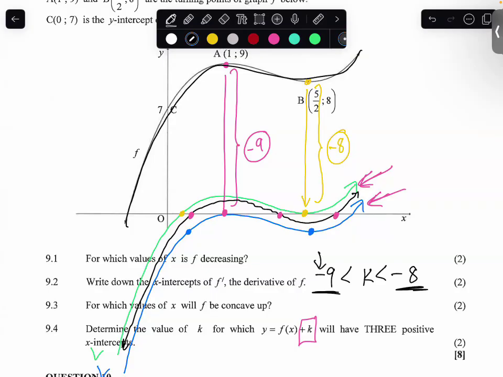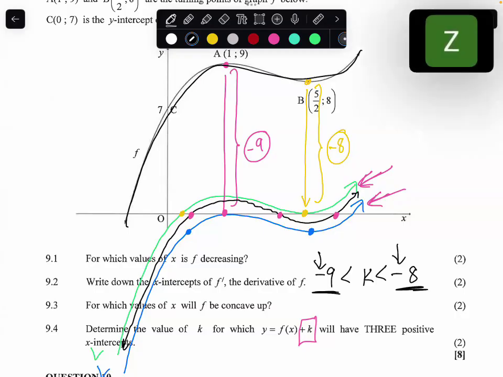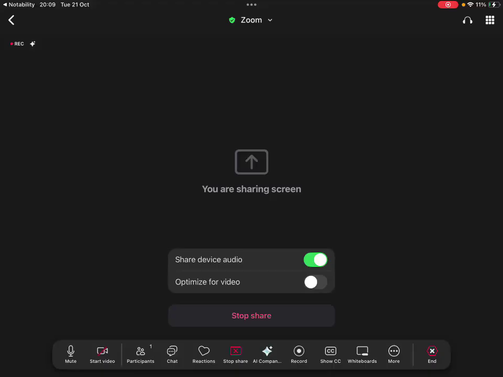That's why I have the negative, to show that it was a translation downwards. Then the graph will be between the green and the blue, and it will have 3 distinct positive x-intercepts. I hope that made sense, because, geez, there's a lot to explain.